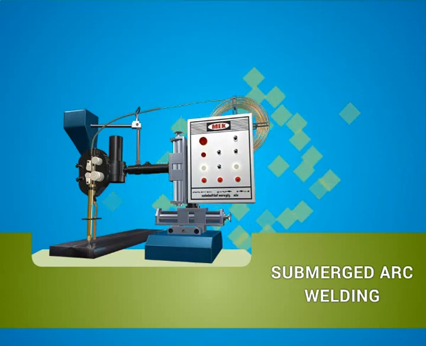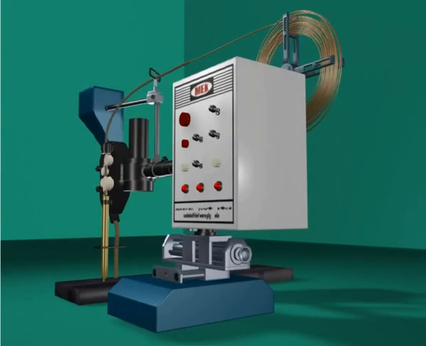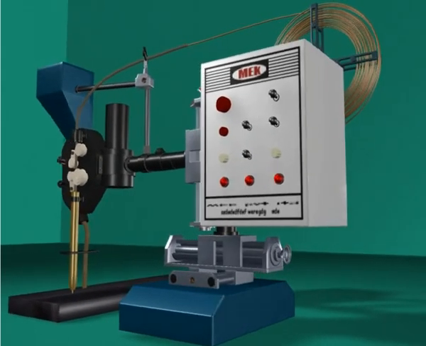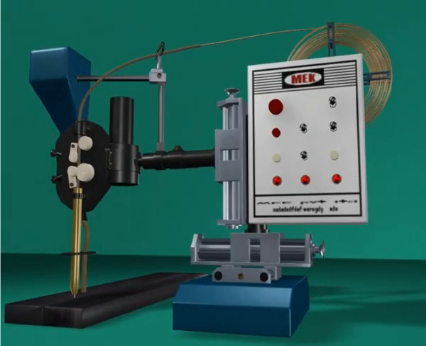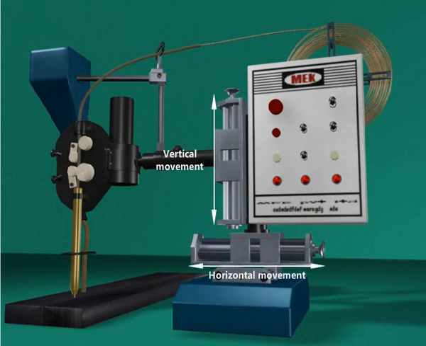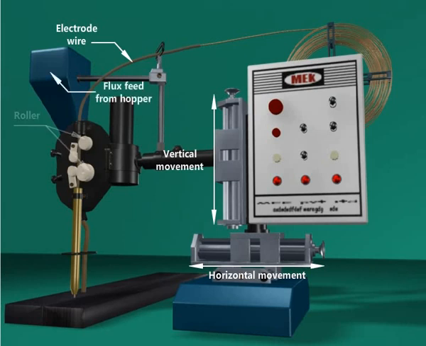Submerged arc welding. Let us see the submerged arc welding. This welding is also known as sub-arc welding or hidden arc welding. The submerged arc welding consists of vertical movement, horizontal movement, electrode wire, flux feed from hopper, roller.